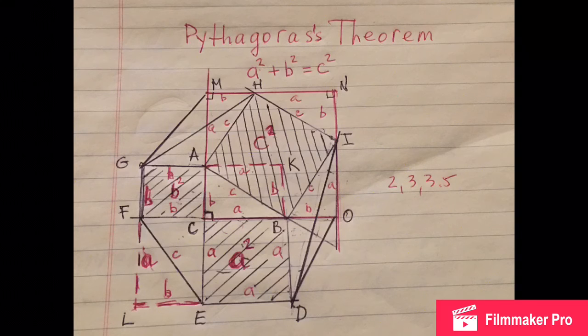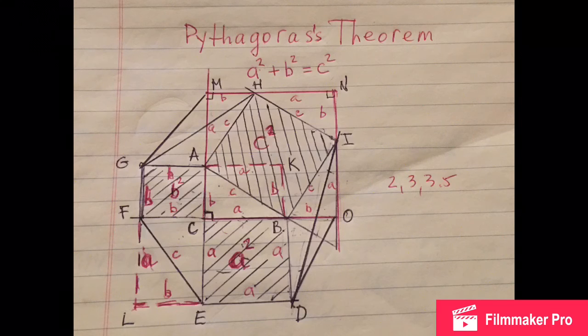Rectangle AKBC is divided by AB into two equal triangles, ABC, which is our original right triangle, and triangle AKB. If we draw the diagonal FE in FCEL, we will obtain another two triangles, FCE and FEL.